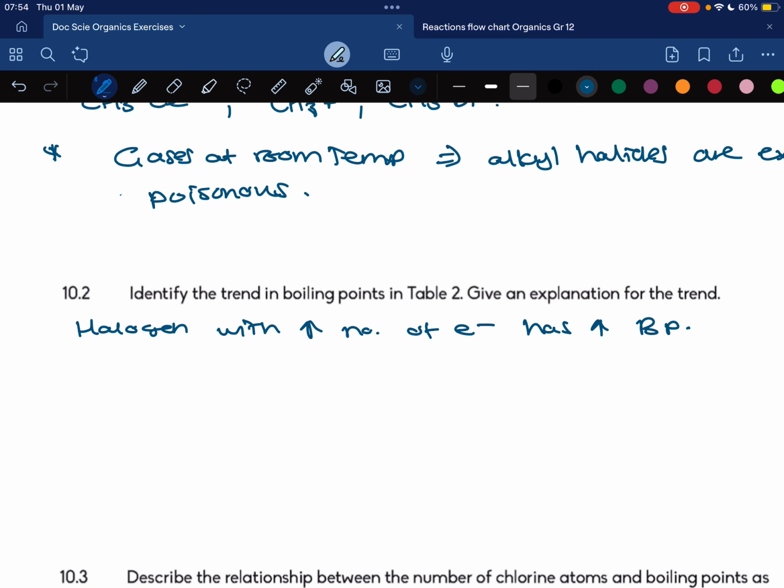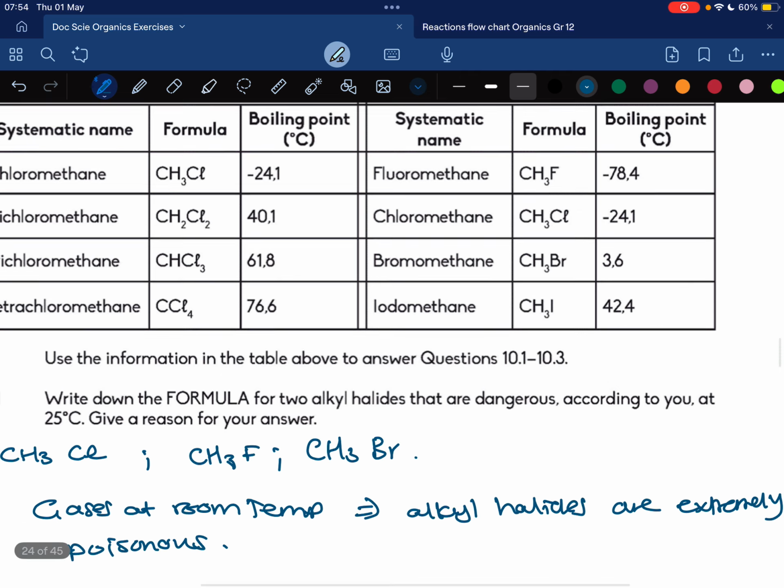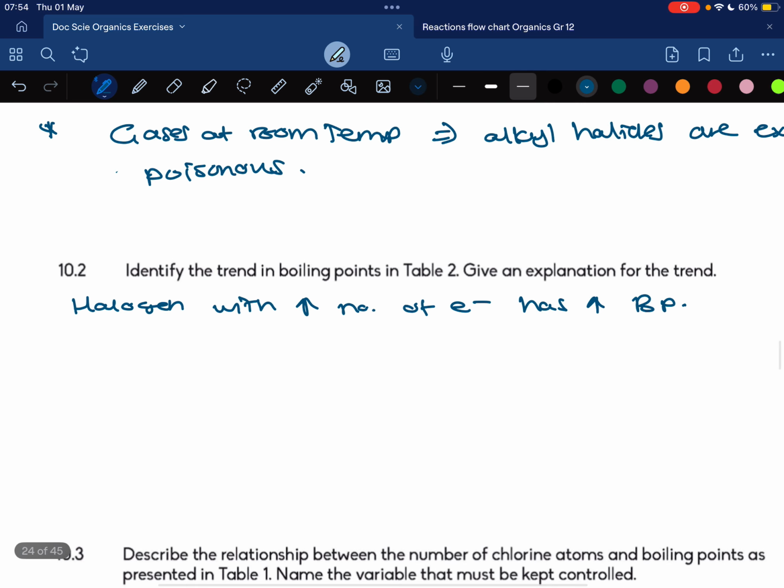So the reason why is because as we go down the table, iodine has a lot more electrons than fluorine, and so that increase in electrons makes the molecules larger.